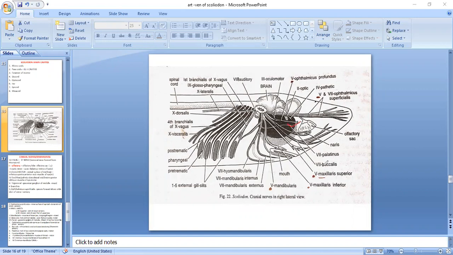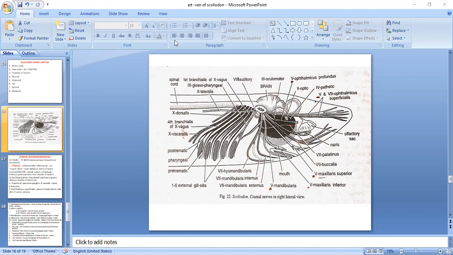Okay, seventh buccalis, this one. Okay, and then seventh, this is hyomandibularis, seventh mandibularis internus, and seventh mandibularis externus. So these are the branches of the seventh cranial nerve.